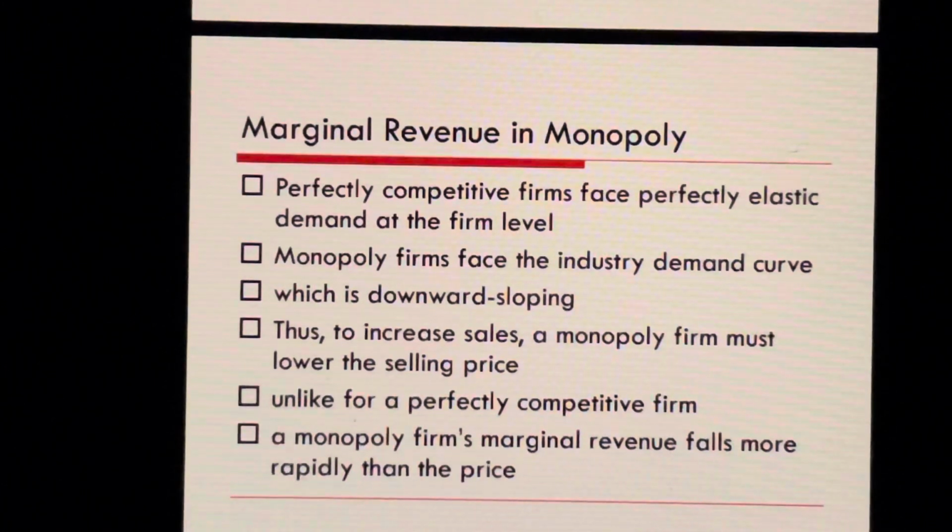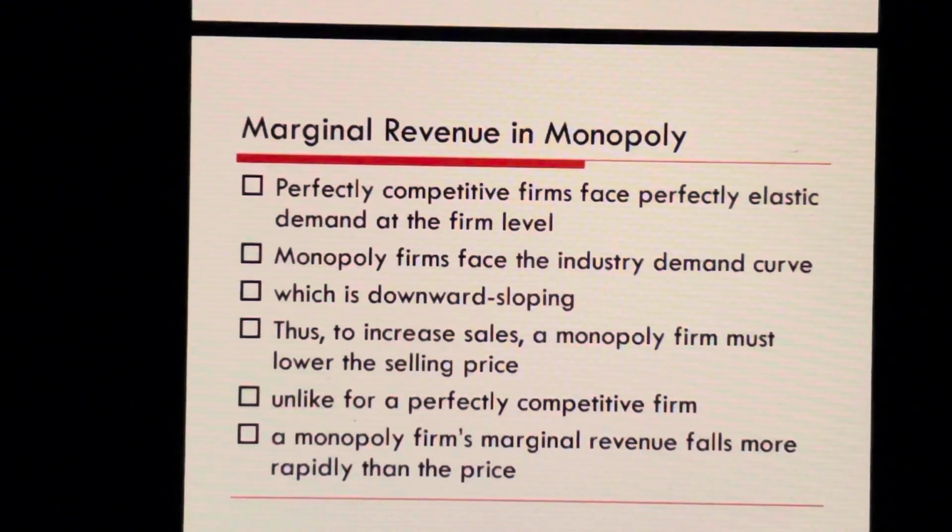Marginal revenue in monopoly: the perfectly competitive firm faces perfectly elastic demand at the firm level. Monopoly firms face the industry demand curve, which is downward sloping.